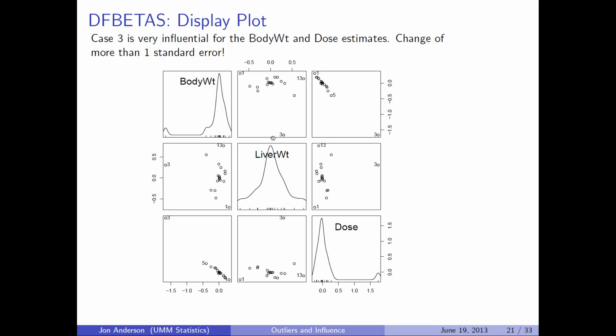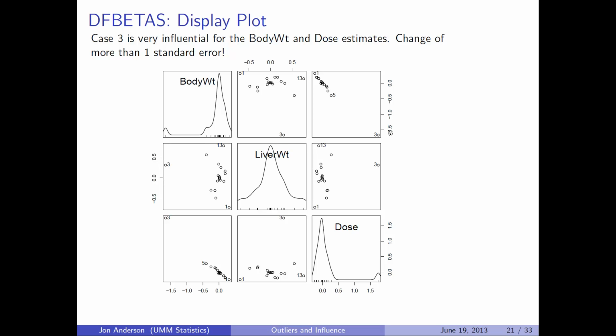However, if you look at rat or case number 3, you can see it's all off on its own here. It looks very unusual. And what it means is that the DFBETAS value for body weight is more than negative 1.5 standard deviations of a decrease if it's removed.